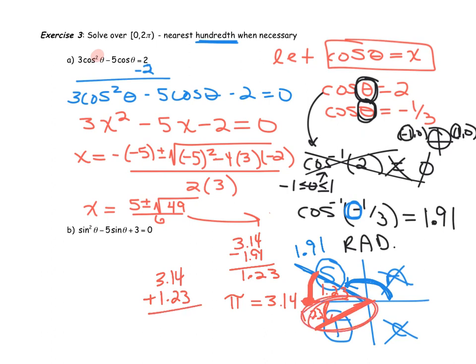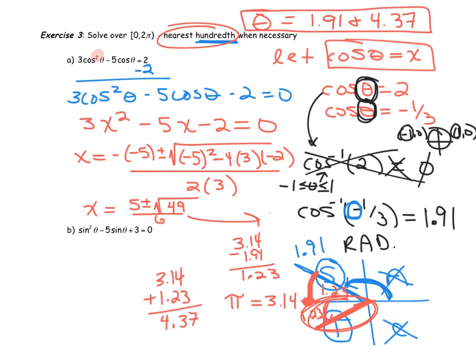So when I add those together, I end up getting 4.37. So when it says round to the nearest hundredth, our values for theta are 1.91 and 4.37 radians. Okay, so that's just one example.